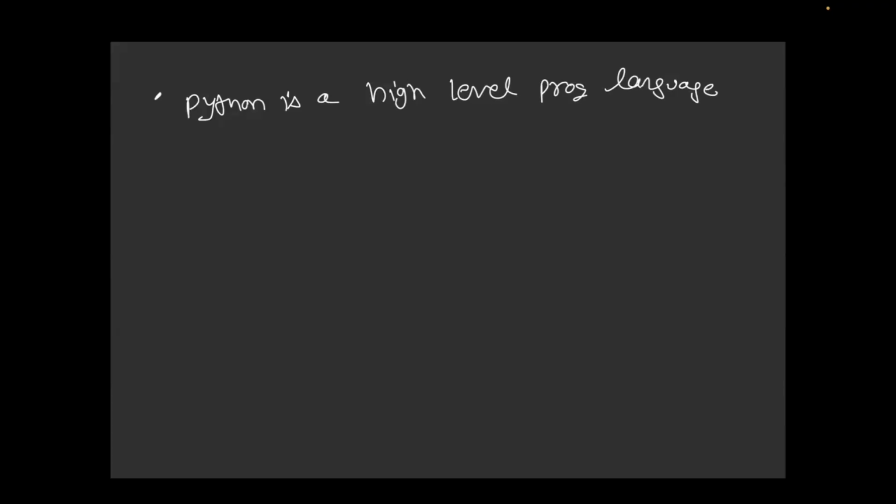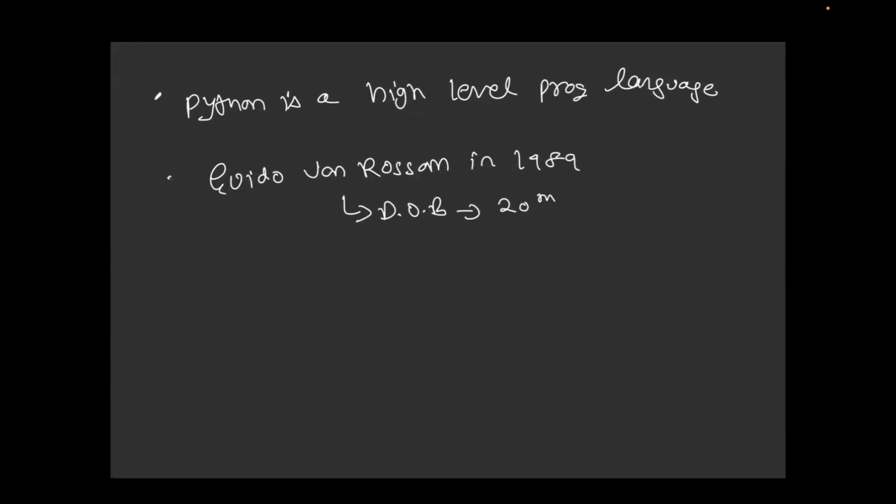Python was developed by a person named Guido van Rossum in 1989. But the whole story is, the official date of birth of Python is 20th Feb 1991.